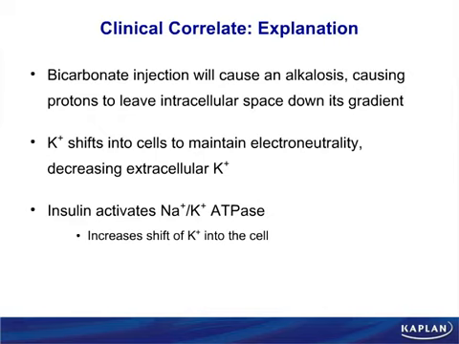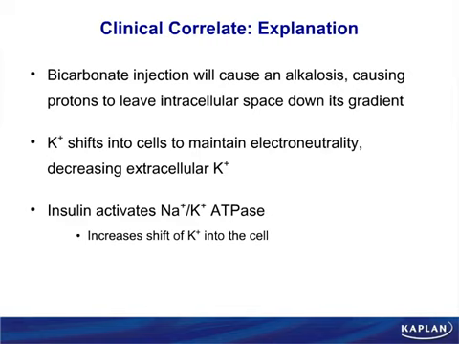So if this is a typical cell, when we give bicarbonate, here's a patient with hyperkalemia. By giving bicarbonate, that leads to a decrease in extracellular proton concentration. You're creating an alkalosis here. The decrease in extracellular proton concentration will cause a shift in protons from the intracellular space to the extracellular space.